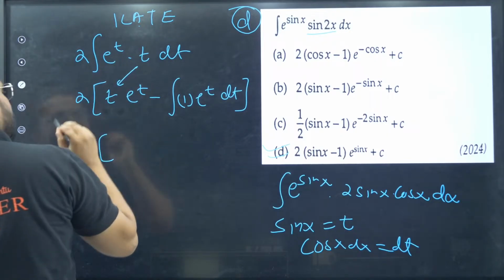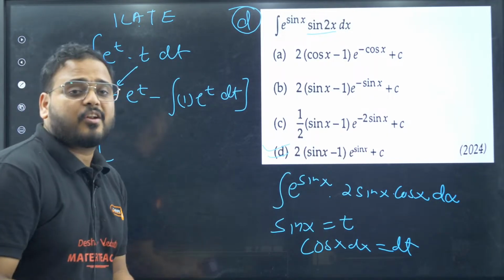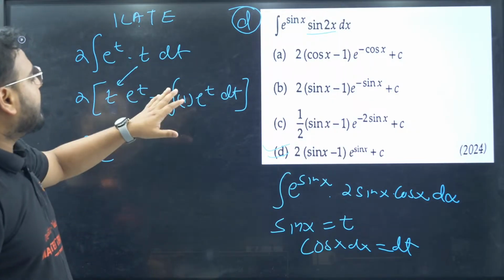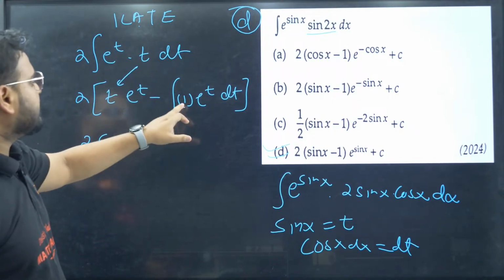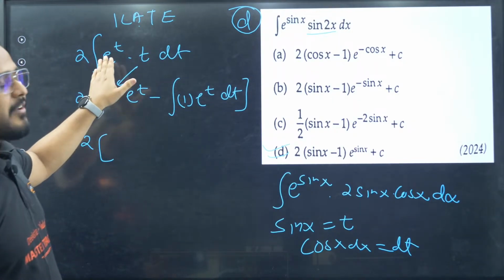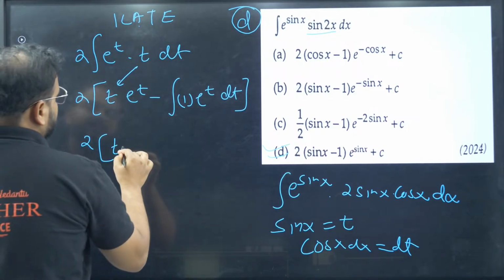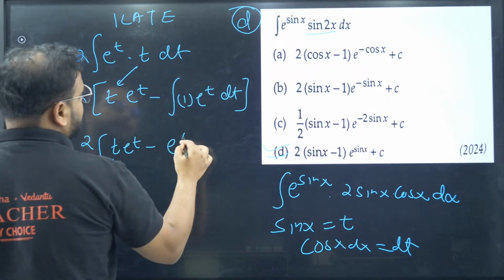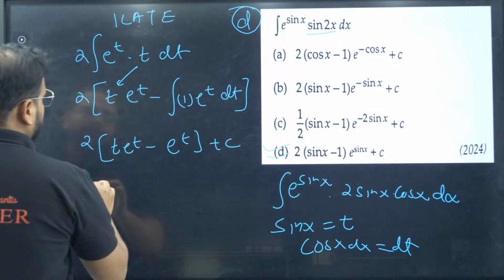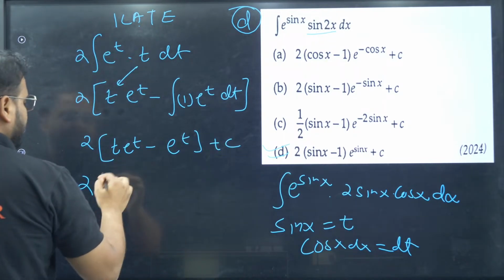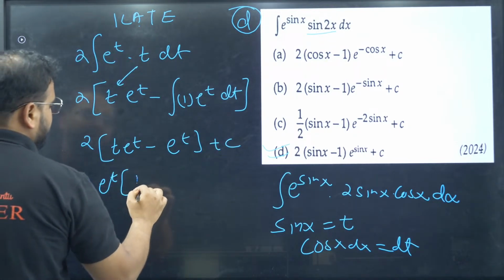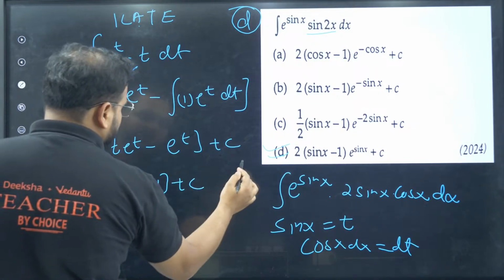Integrating the second function, e power t integration is what, sir? Integral of e power t is e power t only, right? And then comes a minus sign, derivative of the first function will become 1. Integration of the second function will be again e power t, and we have to integrate this one more time. We get here t e power t minus e power t plus c. Take here 2, and take e power t common. I get here t minus 1 plus c, put back the value of t.